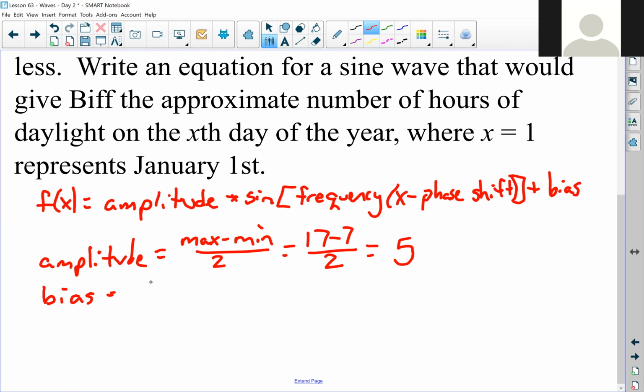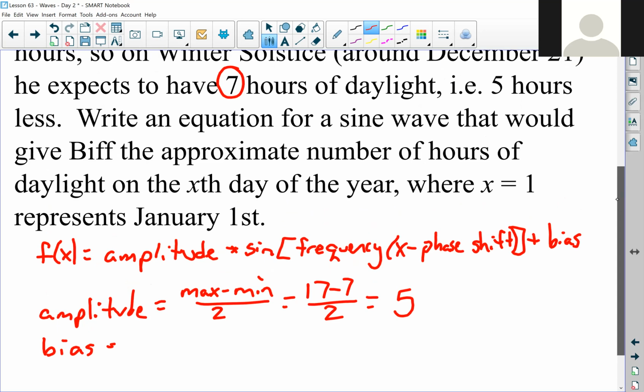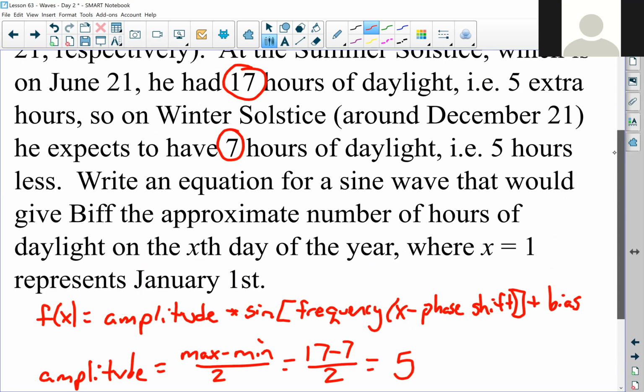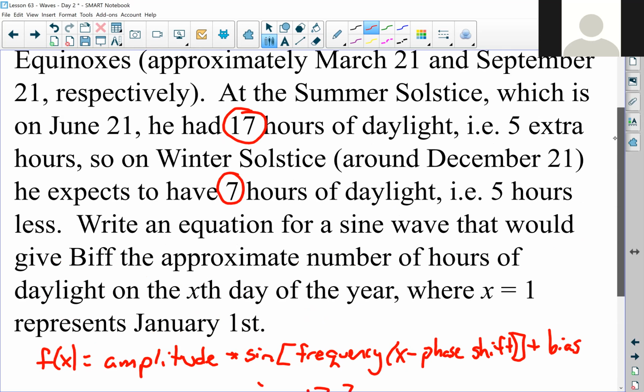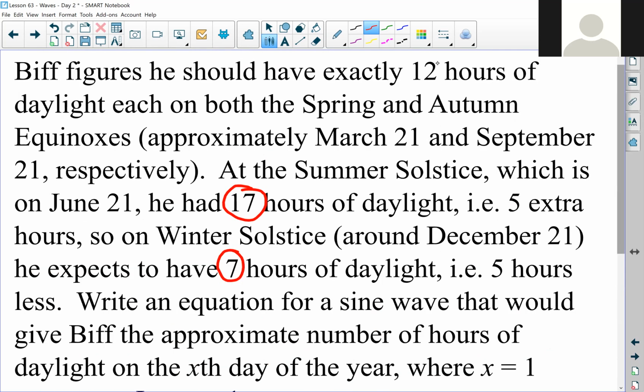The bias will be the difference from our middle value, which is the amount of daylight on the equinox, and 0.